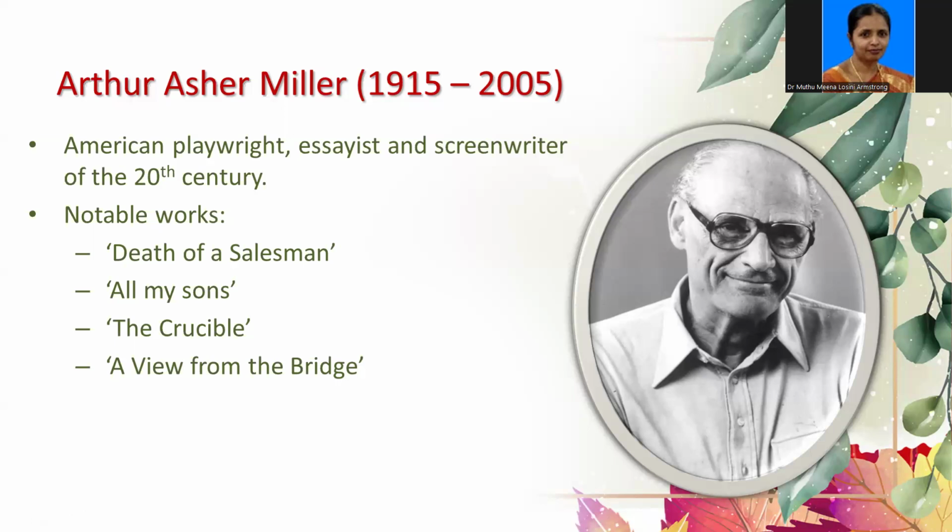So let us move into the author, the dramatist, Arthur Asher Miller. He was an American playwright, essayist, and screenwriter of the 20th century, and his notable works are Death of a Salesman, All My Sons, The Crucible, A View from the Bridge.